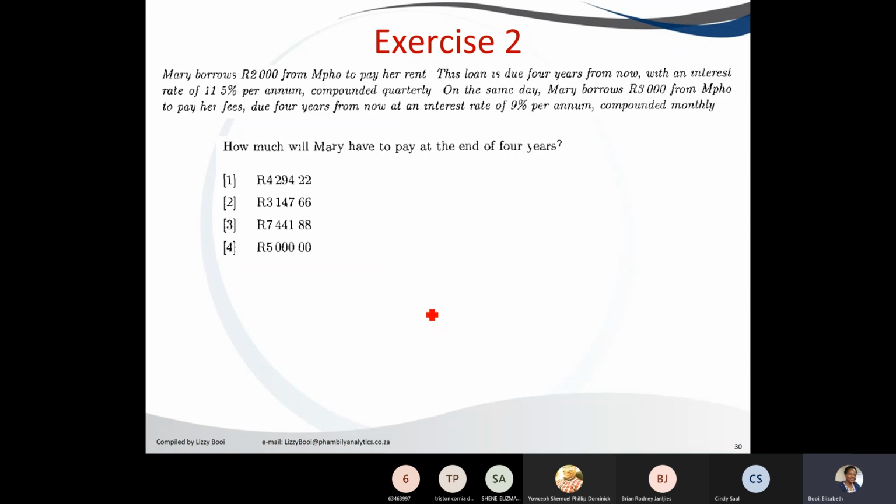The first 2,000 is at 11.5% compounded quarterly, and the second one, the interest is 9% and it's compounded monthly. So you will have to calculate both of them separately and then add the answers so that you can see how much they will have to pay back at the end of 4 years.